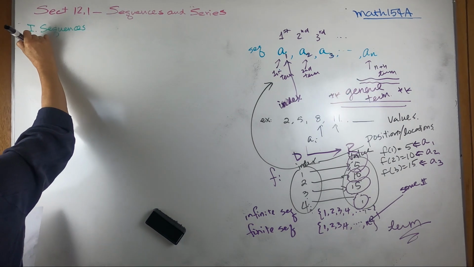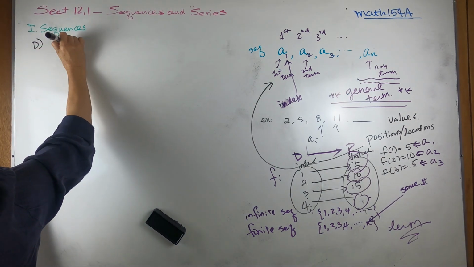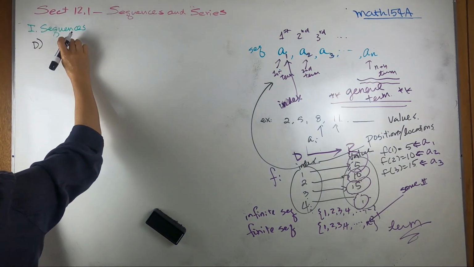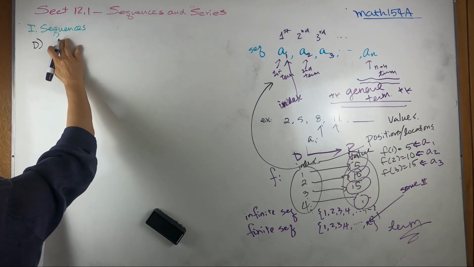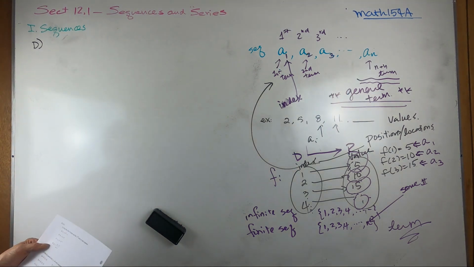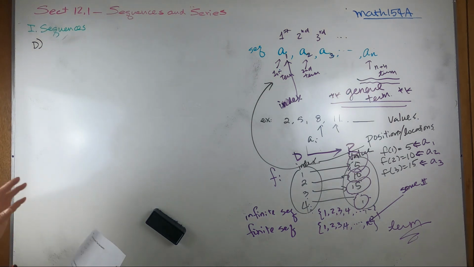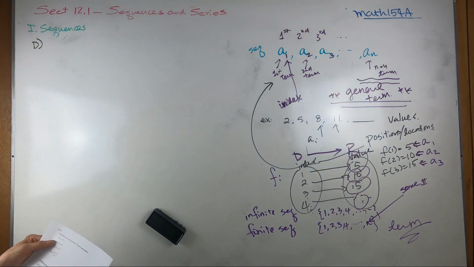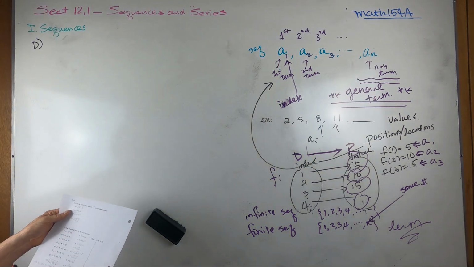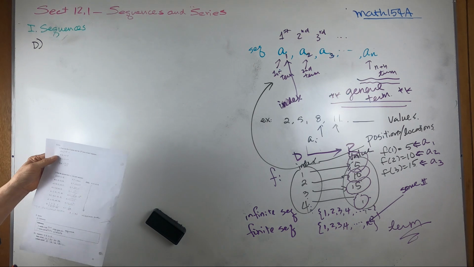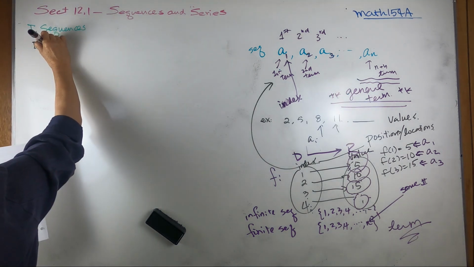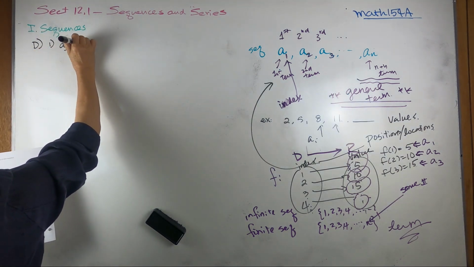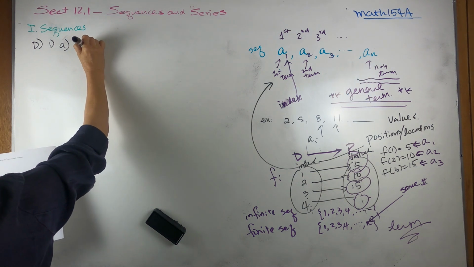Okay, so we say, find the first 4 terms and the 12th term of each sequence. It's on your page 55. So we want you to practice and see what kind of things are in there.